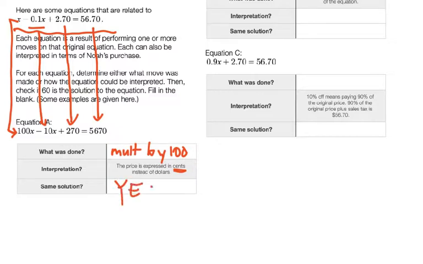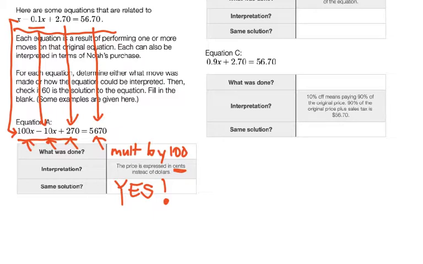So, do I have the same solution? Absolutely yes. I know that it's the same solution because I simply multiplied the left-hand side by 100. Every single term got multiplied by 100. And what did I do to the right-hand side? I multiplied that by 100 as well. I could have pulled out my calculator and done that, and it would have shown that it worked.